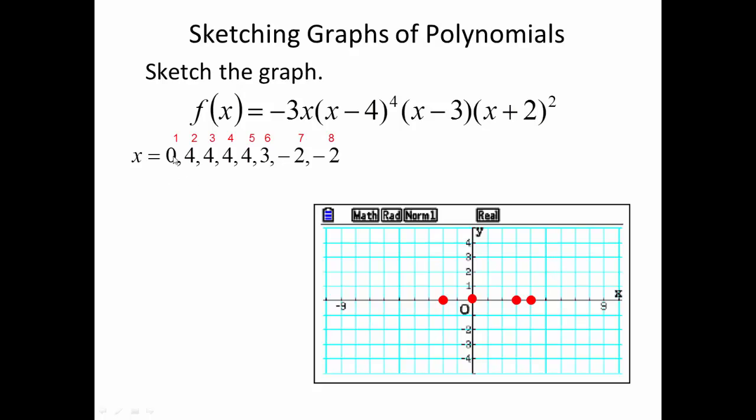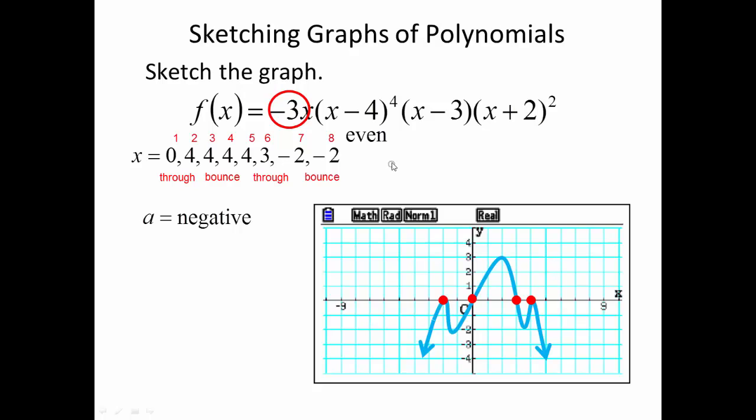And there's going to be 8, so that's even, and negative, so that means they both go down. Okay, so now I'm going to have to bounce off the negative 2, go through the 0, go through the 3, and bounce off the 4.